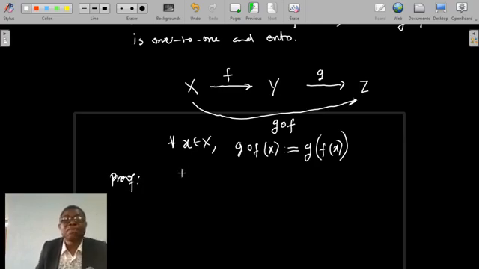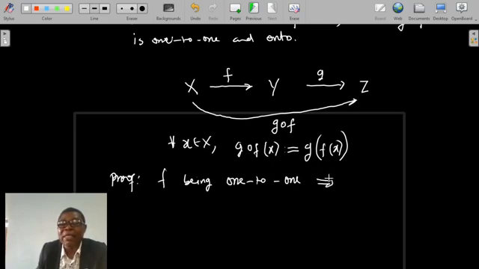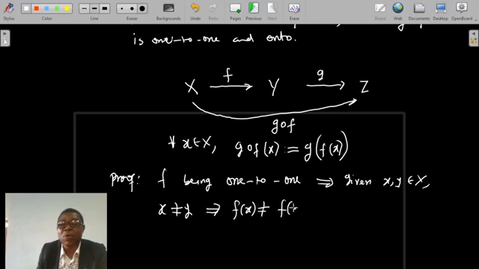Now, we are given that f is one-to-one and onto, and we are given that g is one-to-one and onto. Let me first of all treat the case where f and g are one-to-one. Now, f being one-to-one implies that x, y in X, x not equal to y implies f(x) is not equal to f(y).